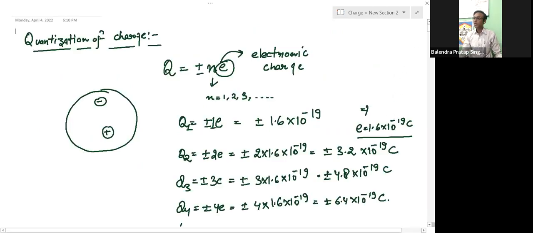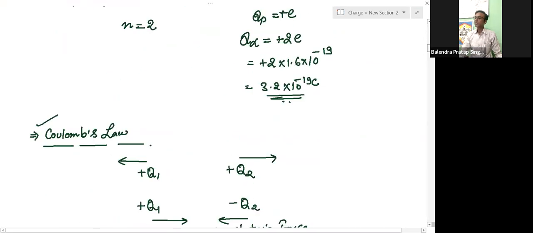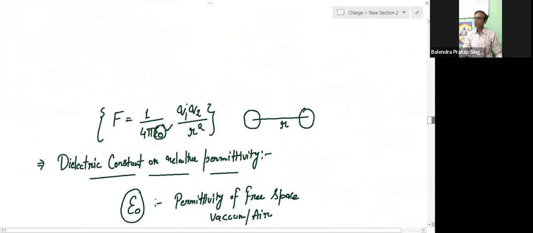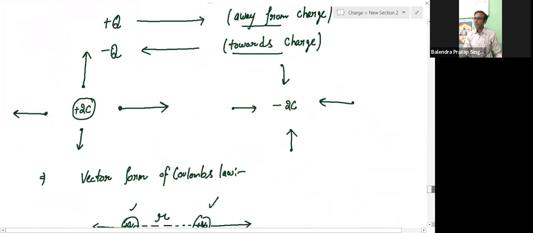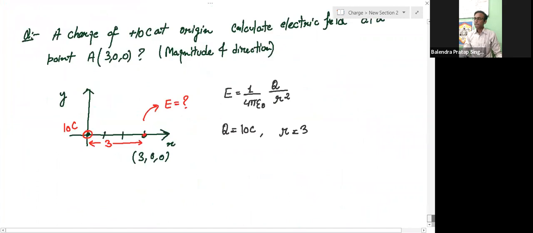Let's solve this problem. That is a charge situated at the source. So here, what is the electric field? The electric field E is equal to 1 over 4 pi epsilon naught times Q over R squared.